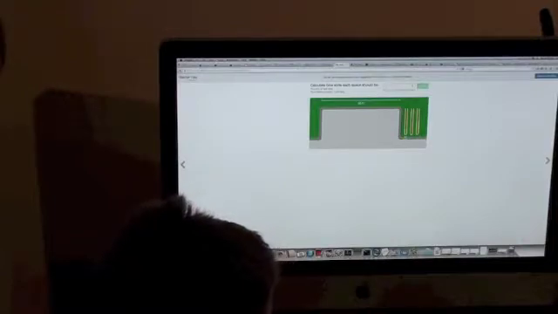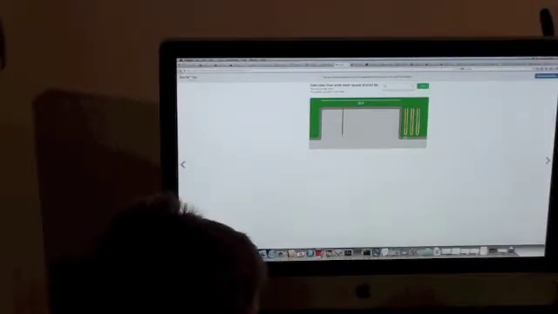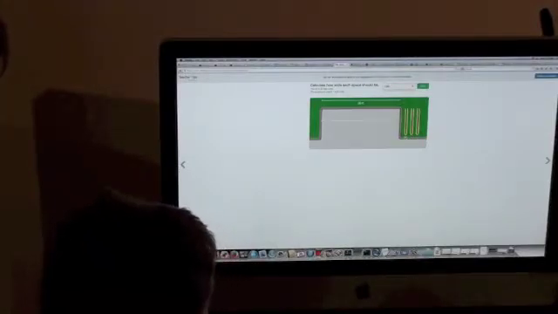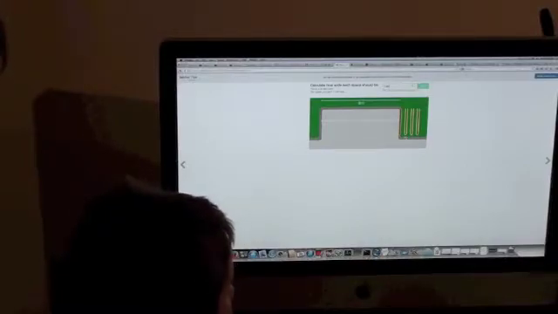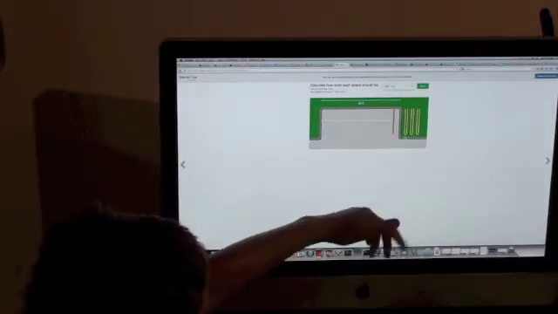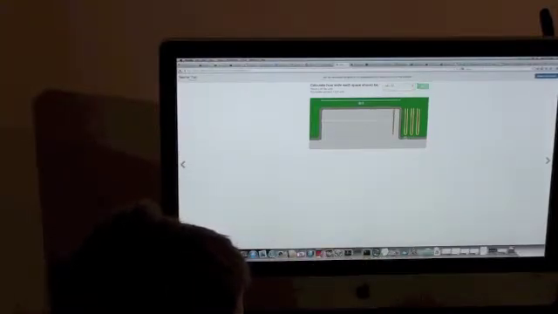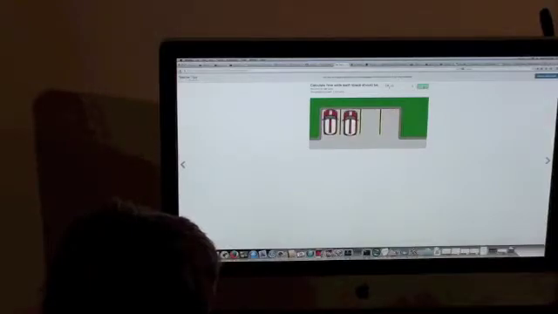I need 35 minus 3, because there's 3 dividers, over 4. Boom. Good job.